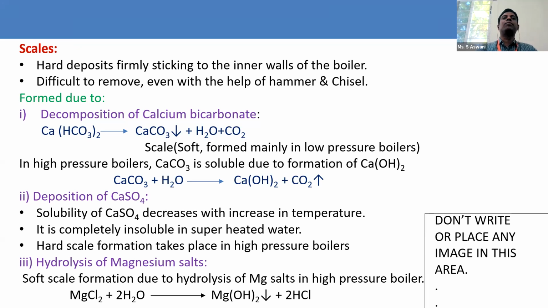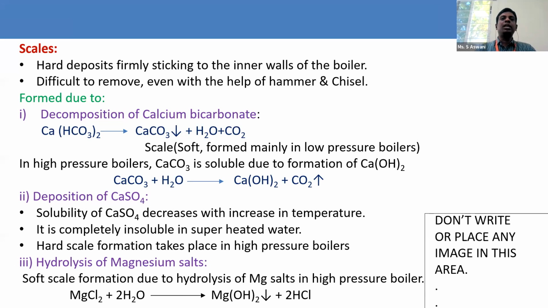Then deposition of calcium sulfate. There is another possibility also. The solubility of calcium sulfate decreases with increase in temperature. At a higher temperature, what happens? Some chemicals, calcium sulfate, magnesium sulfate, iron sulfate, cannot dissolve in water. These calcium, magnesium, iron and aluminum sulfates also cause scales on the boiler surface.